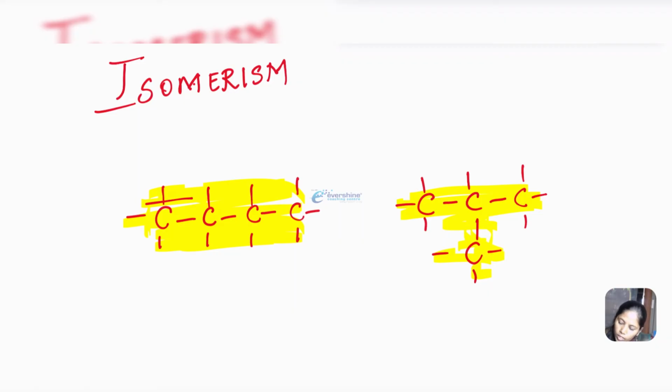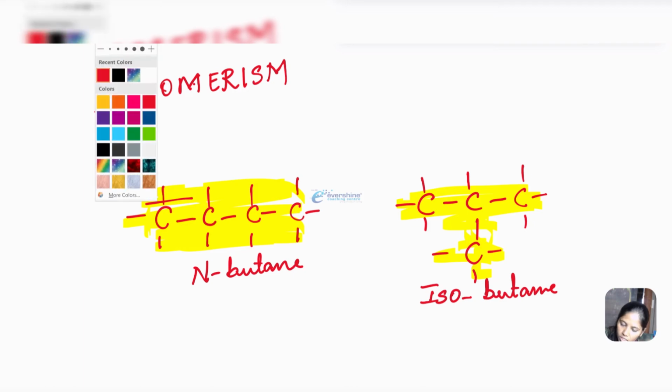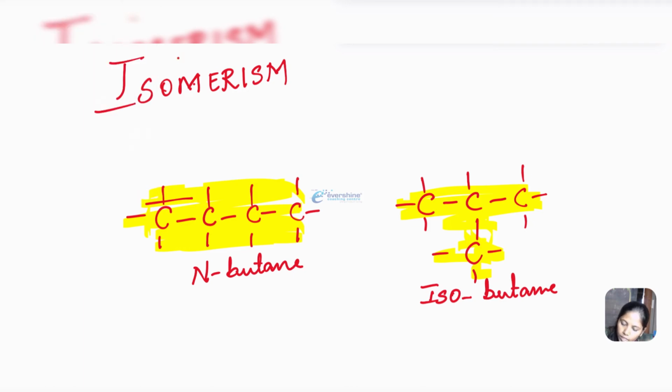Four carbons in a straight structure is normal butane. Four carbons in a branched structure is called isobutane. So you can see two compounds having the same formula C4H10 but different structures. Such a property is called isomerism and such compounds are called isomers.